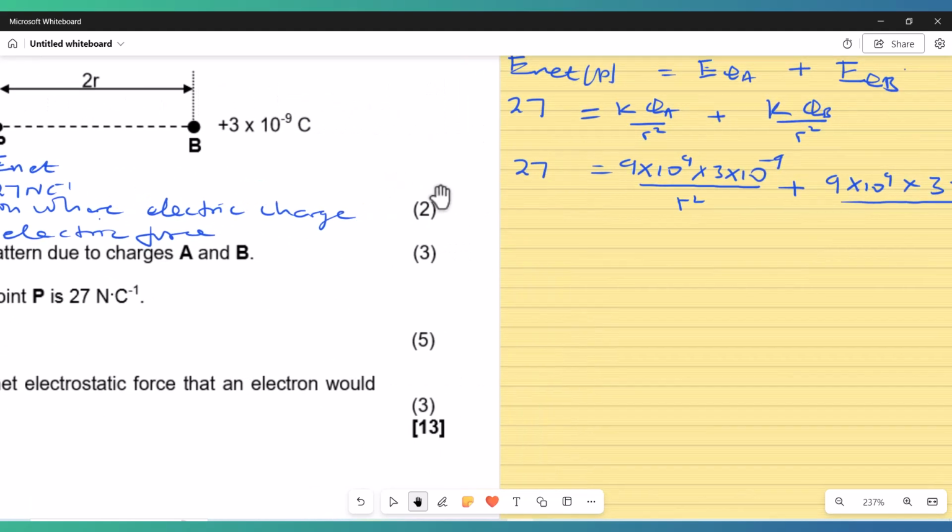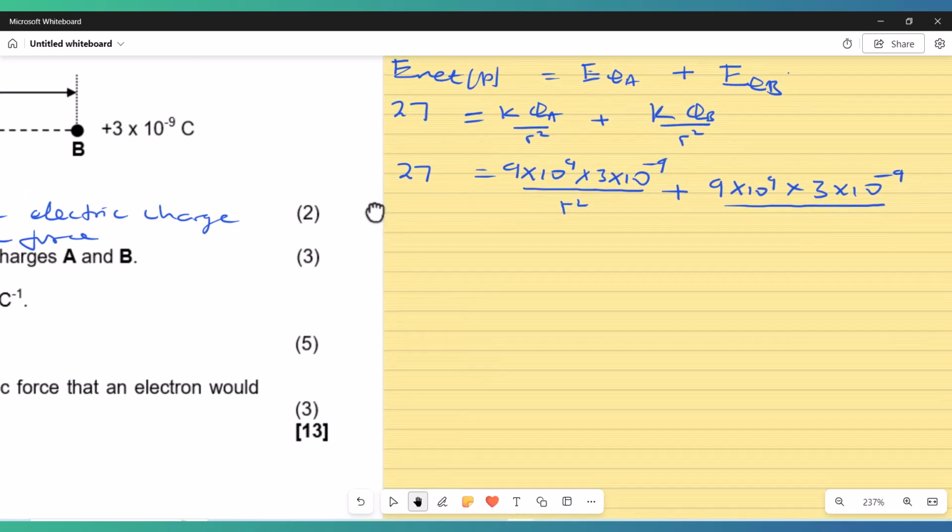So divided by 2R squared. Okay. Now it's going to be 27. If you check here, they're going to cancel these exponents. So 9 times 3 gives me 27 divided by R squared. Then plus, what about here? Again 27, divided by 4R squared. Okay. So that's what I have here.